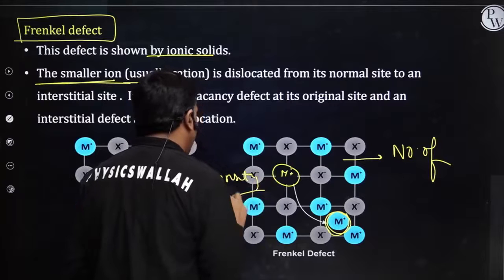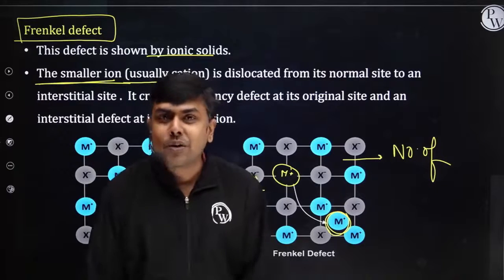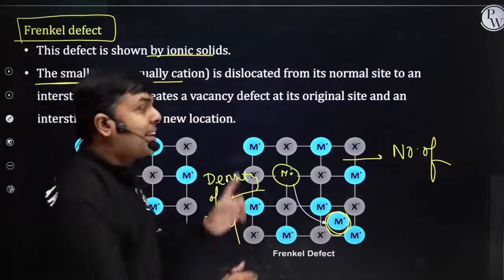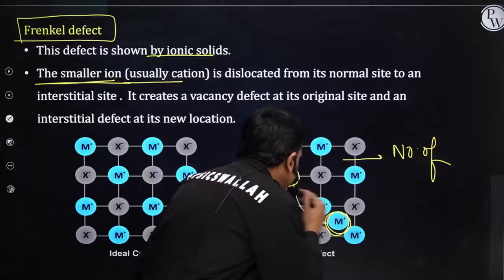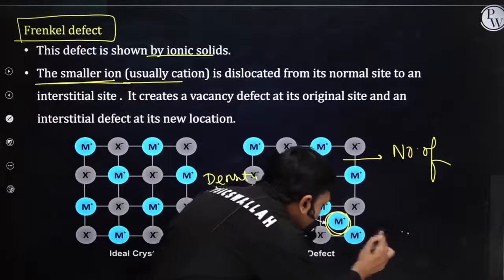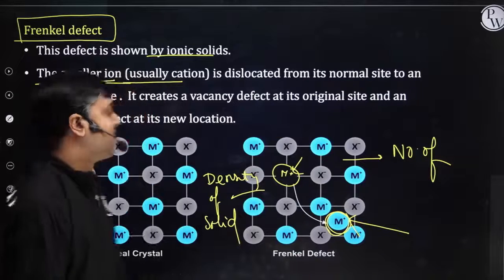Electrical neutrality is also maintained. Simply, the cation has left the lattice site and is trapped in the interstitial void. Shall we move ahead? Let's move ahead.